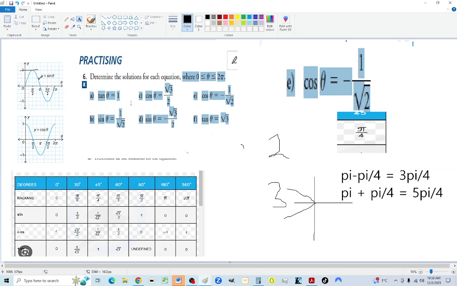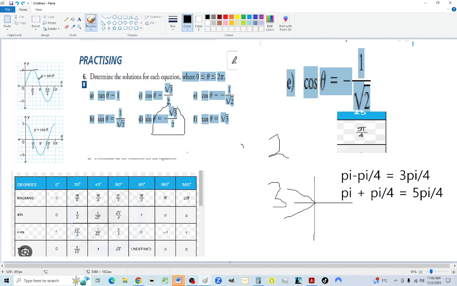The other three are the exact same thing. You have to find out which quadrant sine is positive in. You have to notice that 1 over square root of 2 is pi over 4. Sine is positive in 1 and 2, so it's pi over 4 and pi minus pi over 4, 3 pi over 4. This one, sine is negative, so we're talking quadrants 3 and 4. You have to find where square root of 3 over 2 is sine, which is pi over 3.